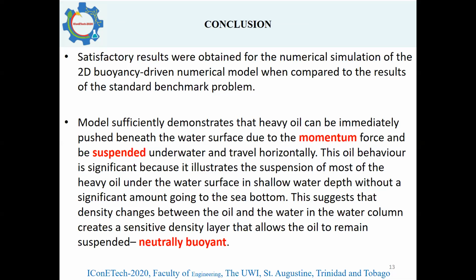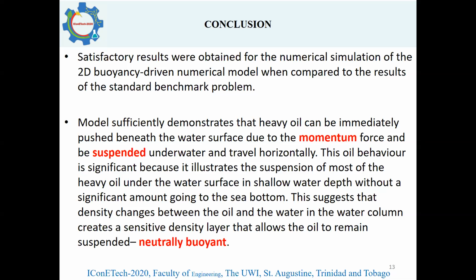It shows satisfactory results of the numerical solution of the 2D buoyancy-driven model when compared to the results of the standard benchmark. The model sufficiently demonstrates that the oil can be immediately pushed beneath the water surface due to a momentum force, because remember, it's coming out from a broken source, and be suspended underwater and travel horizontally. This behavior illustrates the suspension of most of the oil underwater in shallow water depth without a significant amount going to the sea bottom.